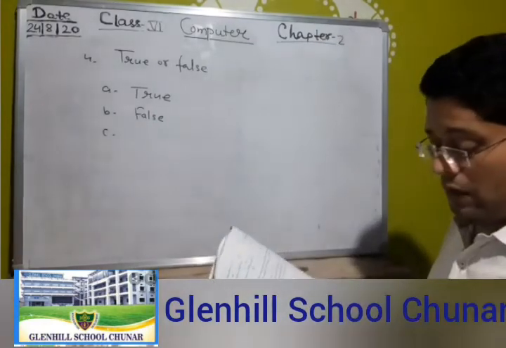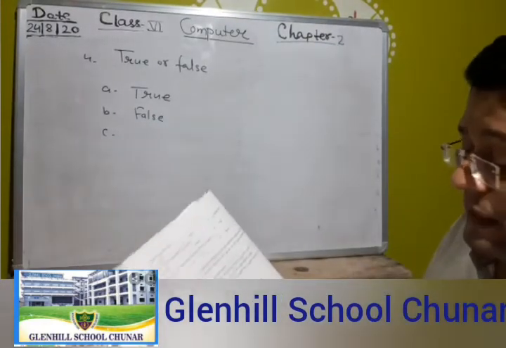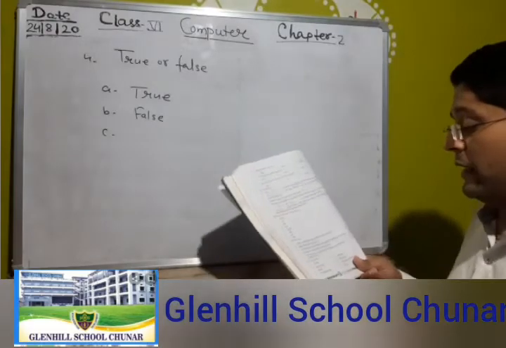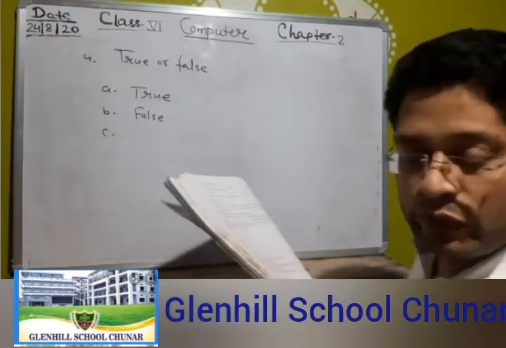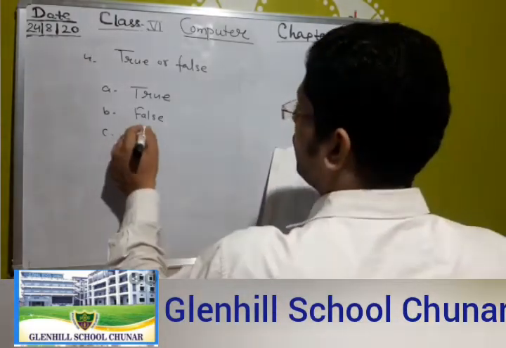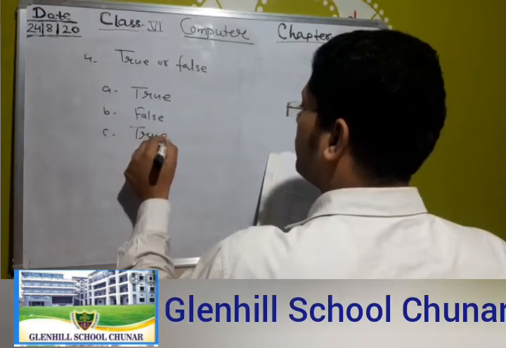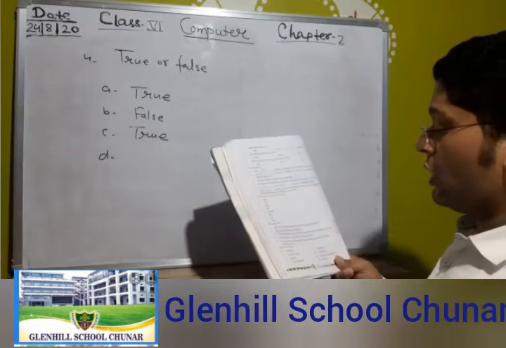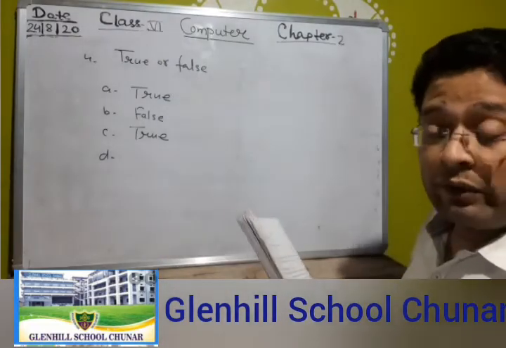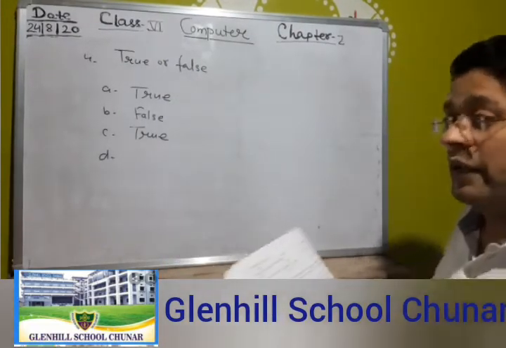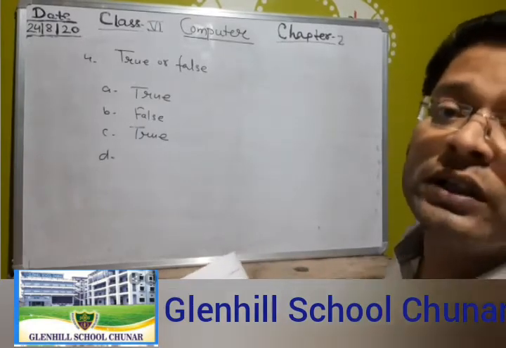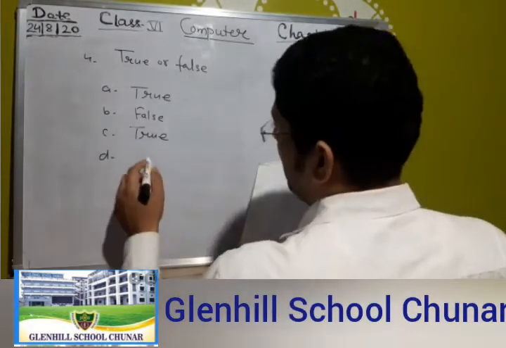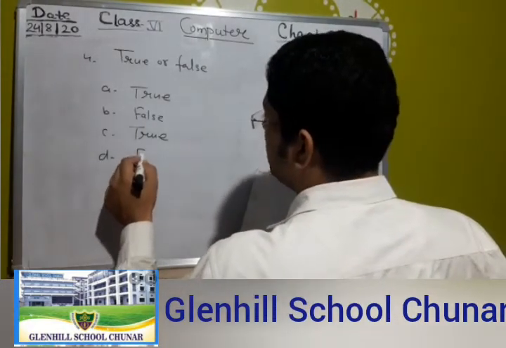And C, the monitor gives instant feedback by displaying text and graphics as you feed. Yes, that's true. And D, the keyboard is the most commonly used output device. No, never. Okay, keyboard is an input device, student. So that's false.